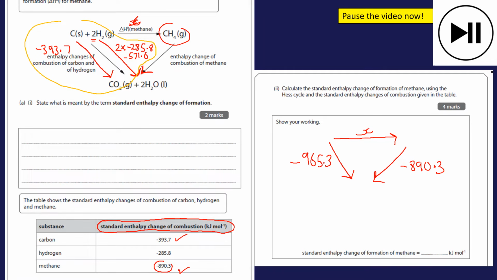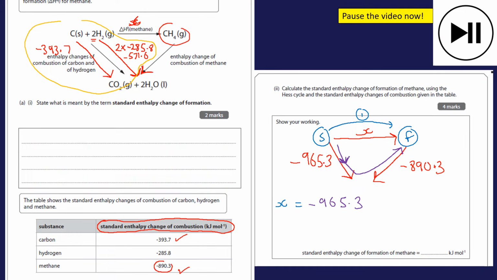Now I can apply Hess's law. I've got my start and my finish point here. My route 1 is X. And my route 2, I'll change colour, is down here, up here. For the first leg of the journey, I'm going in the same direction as this arrow, so this is minus 965.3.